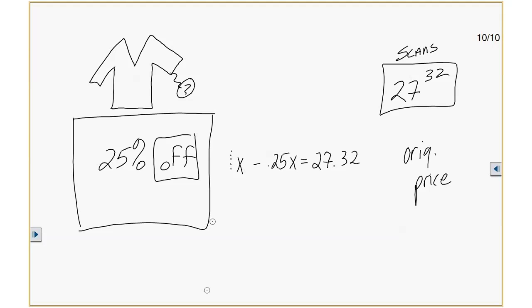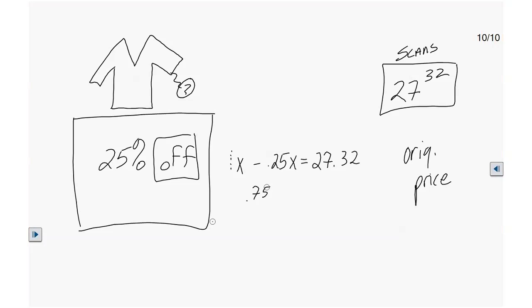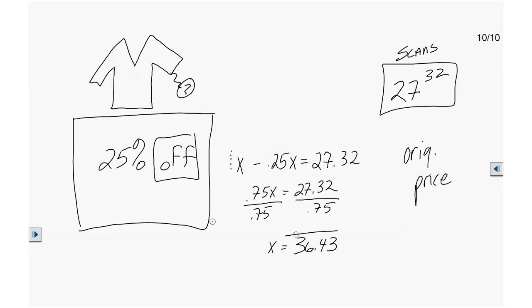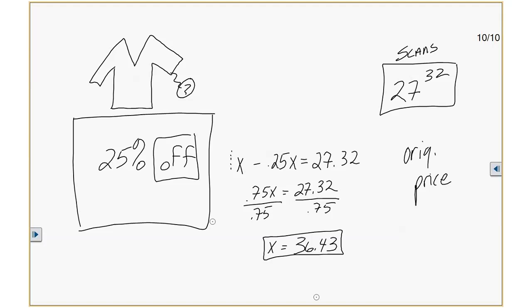And what's 1 minus 0.25? 0.75x is equal to 27.32, and then divide by 0.75, divide by 0.75. Somebody give me the answer. 36.44. Now you can work all day until your eyes pop out. You won't get that answer by this other percent of the number. So it's kind of handy to have the Walmart equation.